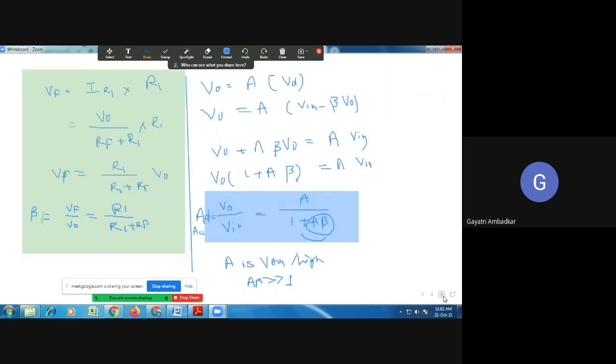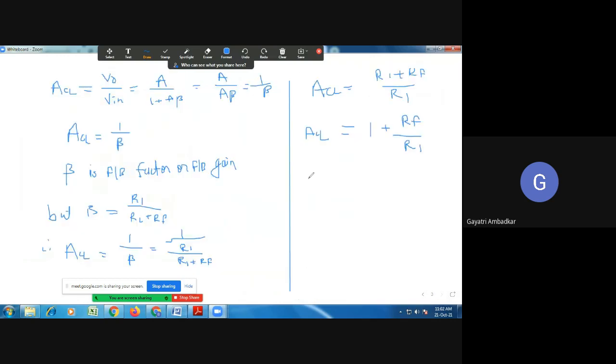So you can also remember this as the non-inverting configuration. And which type of feedback is used here?